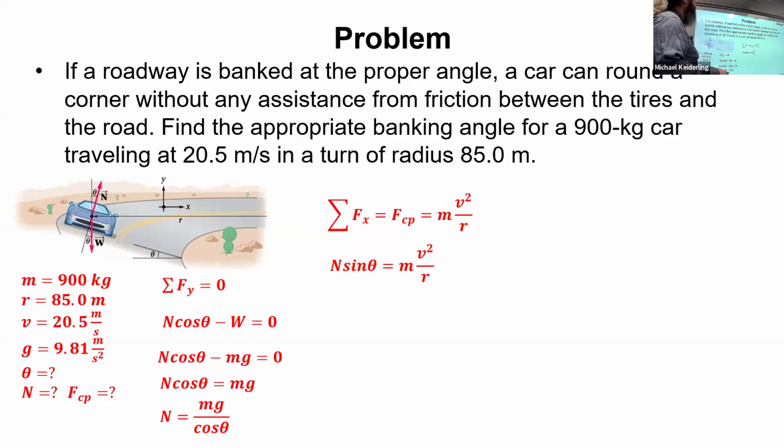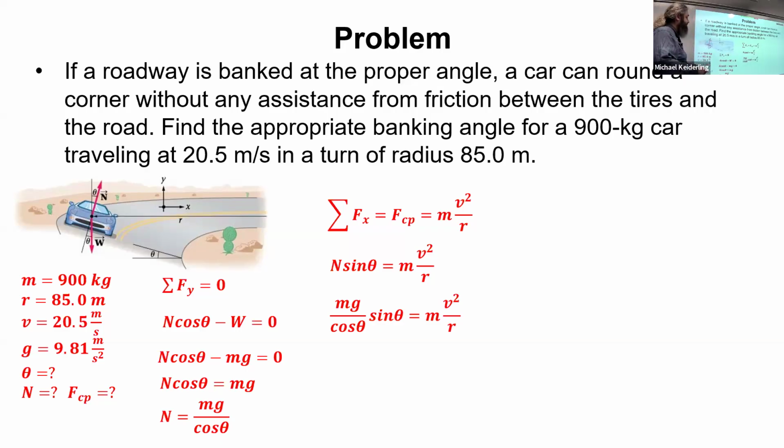Now, if we look at the x component of the forces, the only force is the horizontal component of the normal force. That's N times sine theta. That equals mass times velocity squared over radius.